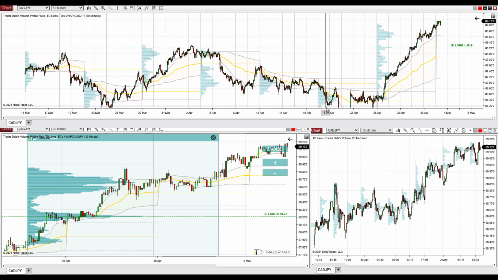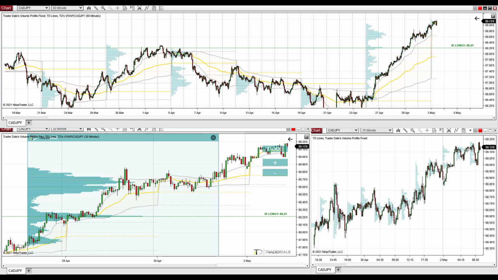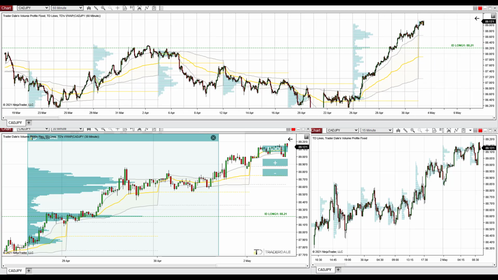There's one more thing about this level, and you need to zoom out the chart a bit to see it. What I'm talking about is how strongly this level held in the past, like a month ago. It represented a strong resistance, right? Because the price just couldn't go past it.